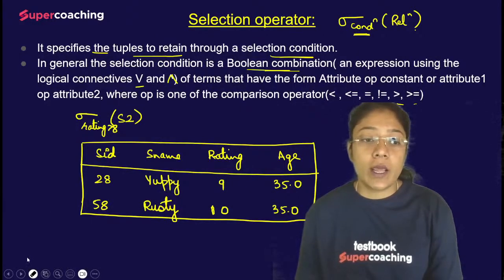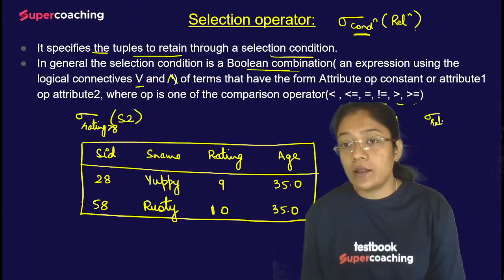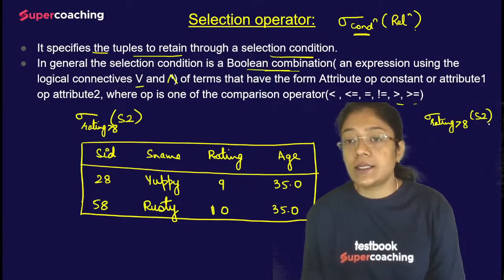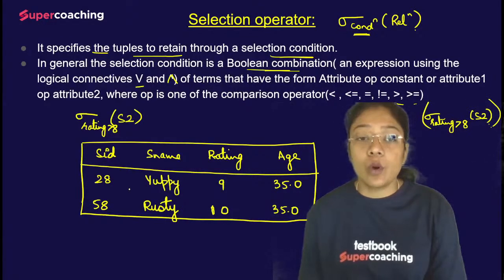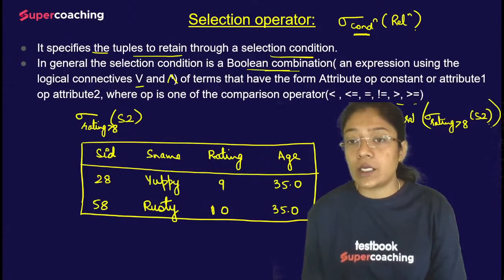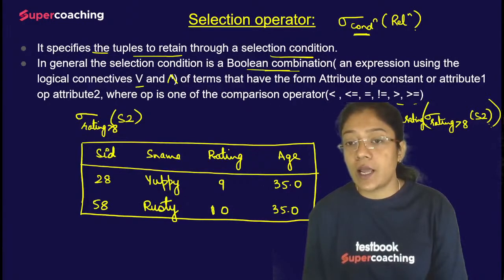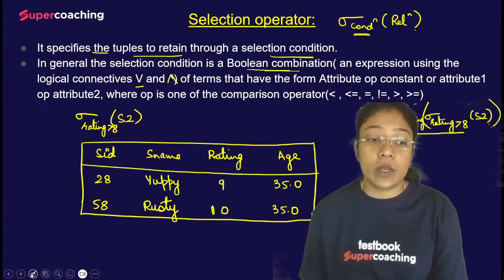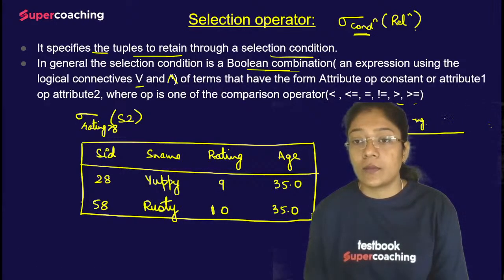So first of all, I'm selecting the rows where the rating is greater than 8 from the relational instance S2, and we have got the result for the same. Now from this relation, I want to project only the name and the rating. So it will be returning the answer as, I hope that it's not going behind my image, but actually it is going. That's okay. I guess the image is covering a lot of space.